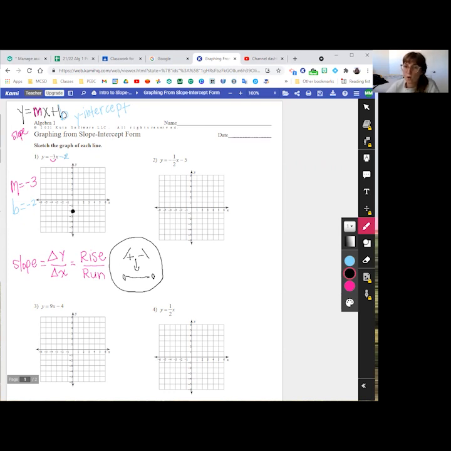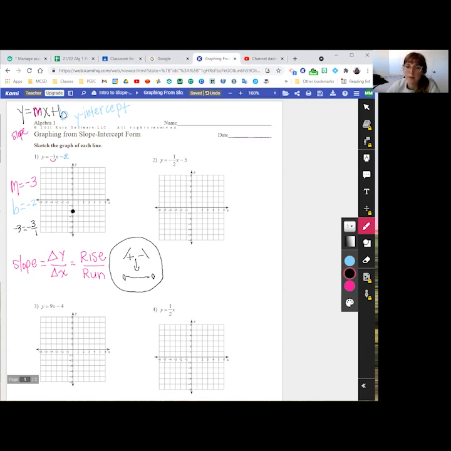And I want you to think about slope as a fraction. So I'm going to convert negative 3. Well, that's the same thing as negative 3 over 1. I'm just rewriting this number as a fraction so it's easier to see what's my rise and what's my run.